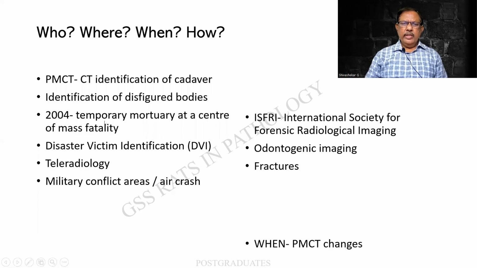You can produce a temporary mortuary at a center of mass fatality. So in a center of mass fatality, such as an earthquake or a war, etc., it is not possible. But then what you people do is take a sequence of pictures as such, file them, and later on you people analyze them leisurely. You compile them according to the sex, according to the age, according to the region, and according to the nation.